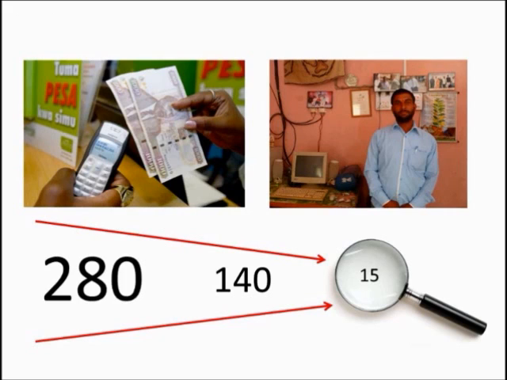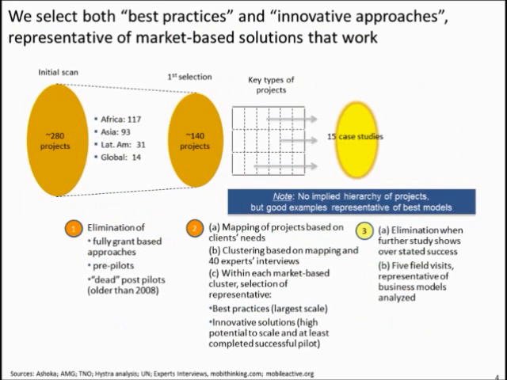What we did, we made an overview of about 280 projects existing in the area of mobile services for the base of the pyramid, and we narrowed them down in two steps to 140, and in the end to 15 projects at which we looked in a lot of detail. Here it's shown in some more detail.